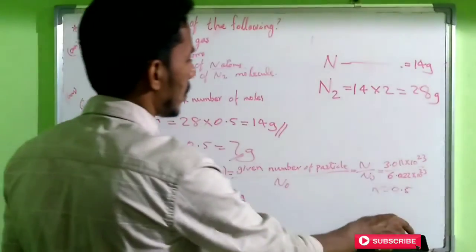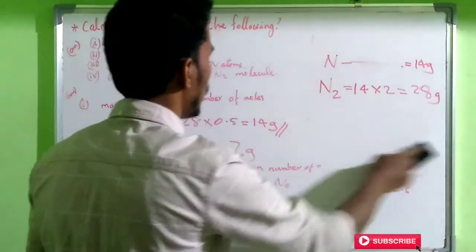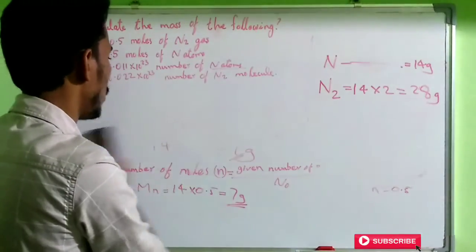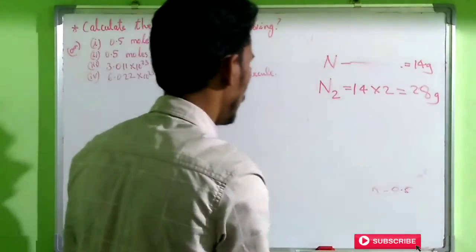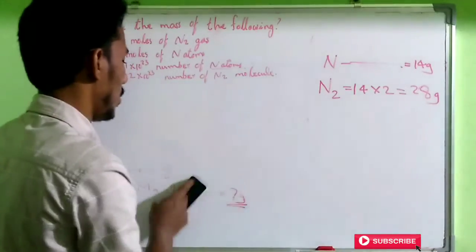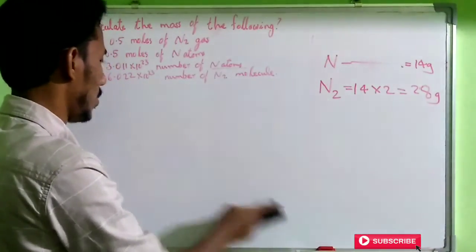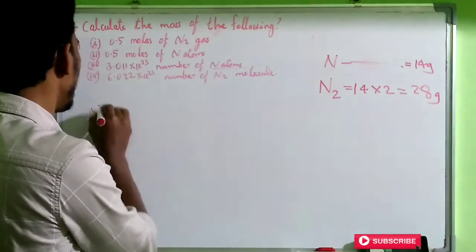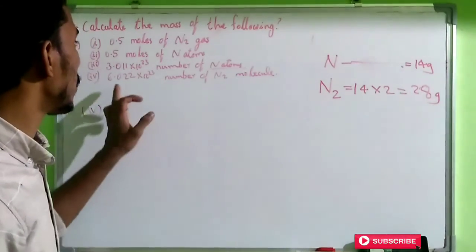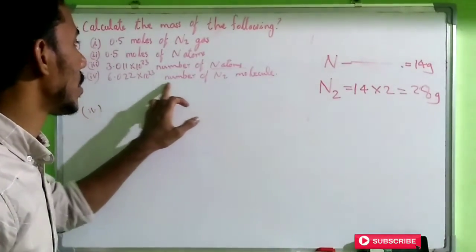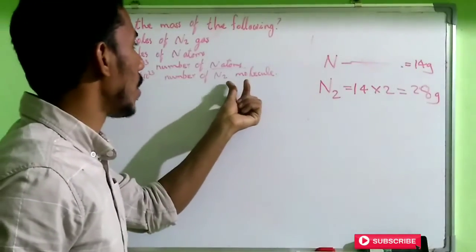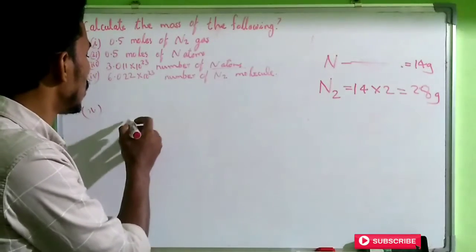Then the last one. Fourth one, the last one. 6.022 into 10 raised to 23 nitrogen molecules. It's a molecule. So how many moles, small n?